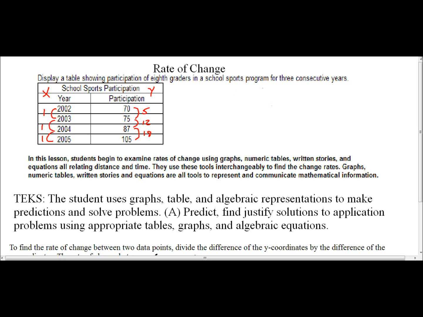Just for you to see briefly what that looks like from a graph standpoint, if we were graphing in a coordinate plane, I'm just going to show you the positive side and not both sides.